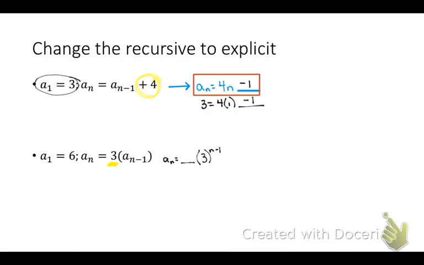So if I have the first term, if I have 6 equals something, what's 1 minus 1? 0. So what number is going to go in front there? Remember, this is a sub 1 times r to the n minus 1 power. What number is going to go right here? 6, because it's the first term.